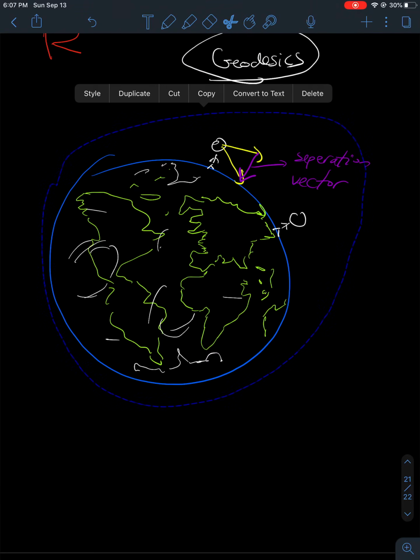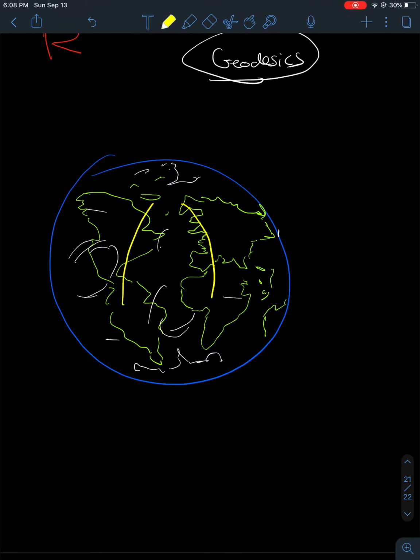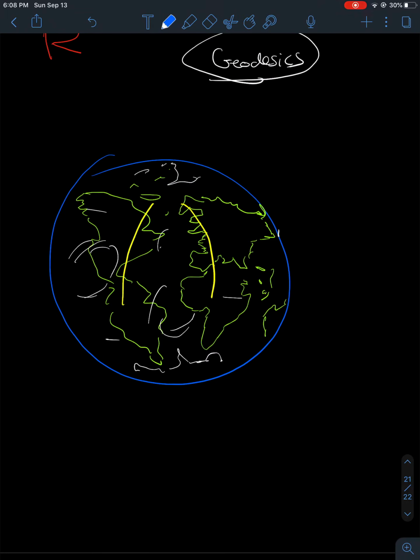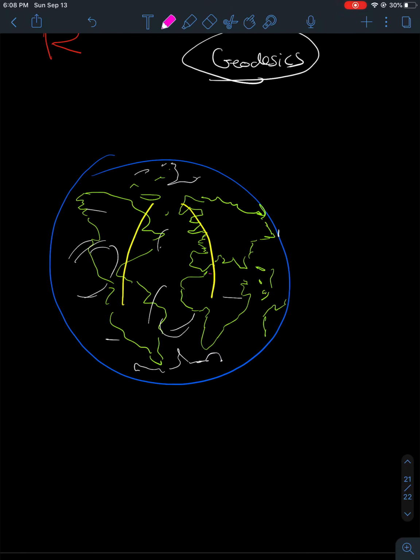Now if I have two geodesics on any space, on any surface, then I can draw a shape.